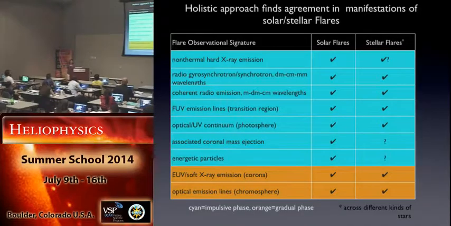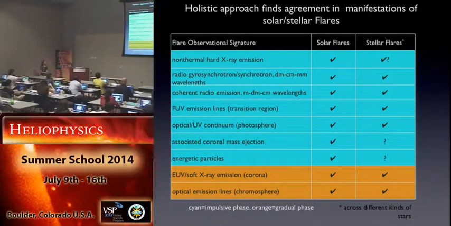So if you looked at your homework, then you can already begin to start thinking about the first question. When we think about stellar flares and the kinds of processes that we can observe in stellar flares compared to what we see in solar flares, if you use a holistic approach, this is Boulder, so we're all into being holistic and natural and everything, we actually find pretty good agreement in the manifestations of stellar flares that correspond with observational signatures that we see on the sun.